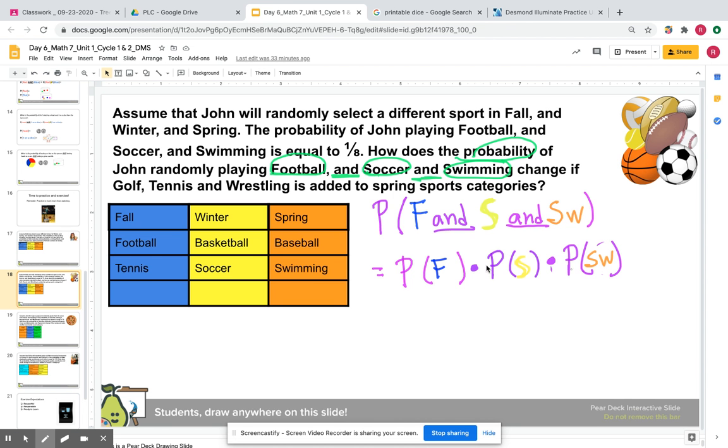So we're finding this, but there's some changes. Let me actually use a different color to highlight the changes. Let me use like baby blue. So we're looking for changes because we're looking for this once something's changed.